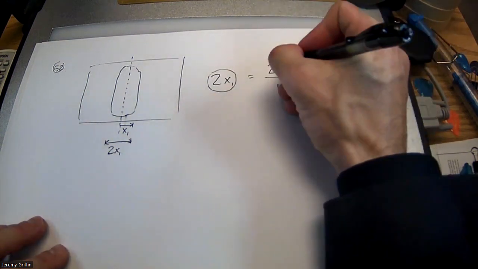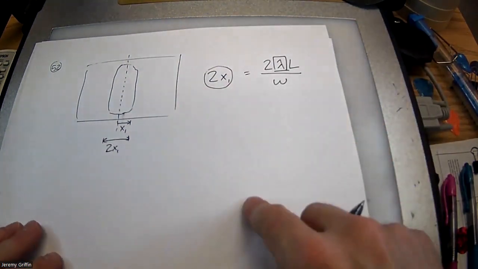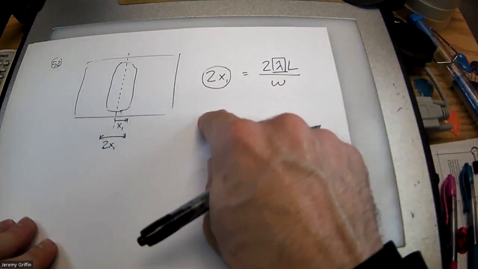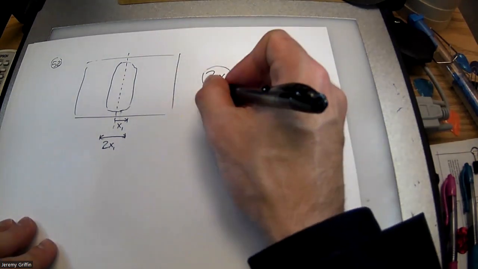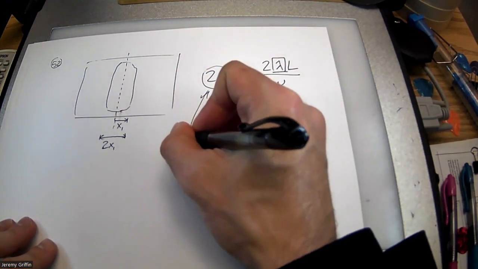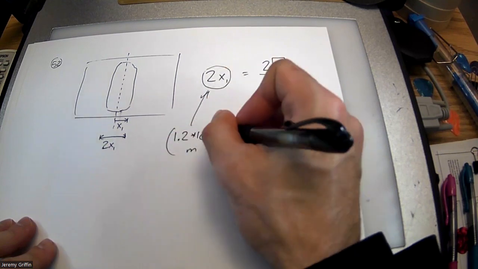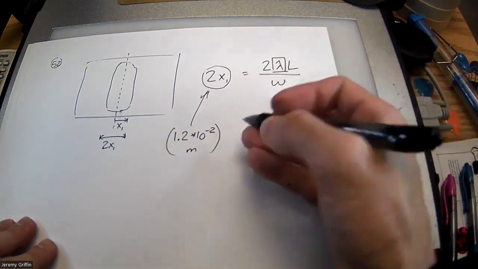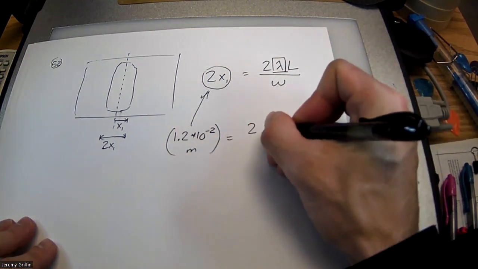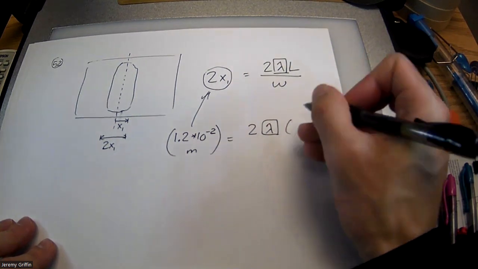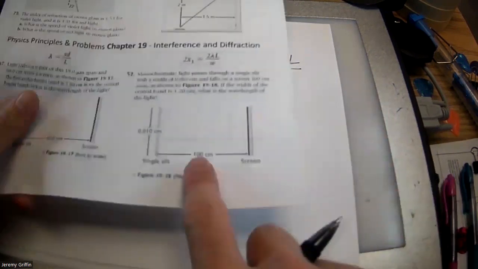And we're still trying to solve for wavelength, just like the last part. A little bit of algebra is involved, so let's put some numbers in here. 1.2 centimeters for this whole piece. How about 1.2 times 10 to the minus 2 meters, because that's 1.2 centimeters, right? Centi, 10 to the minus 2, 1/100. Then 2 times the wavelength we're solving for, times L. L is the distance to the back screen, which was 100 centimeters.